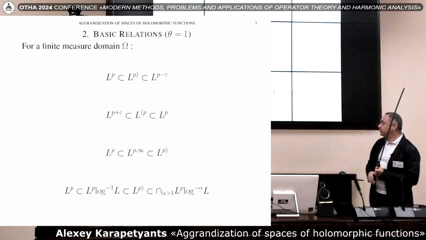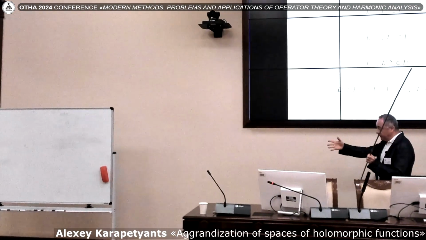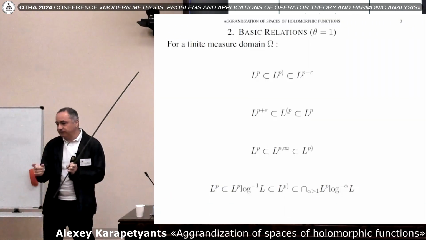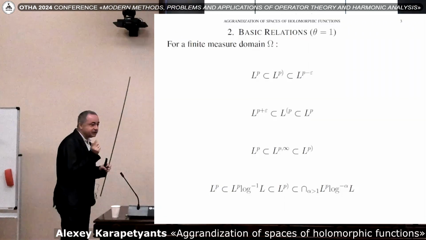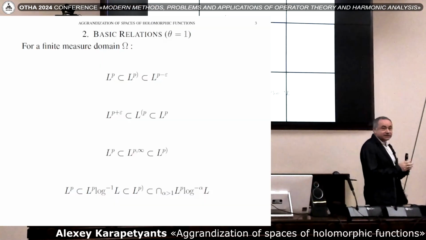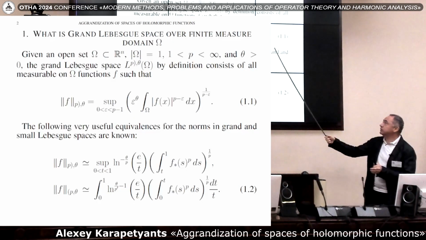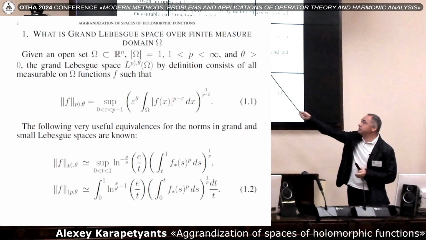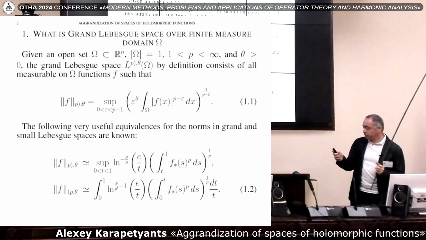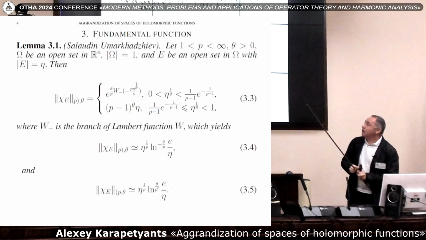So you can have an idea that still between grand space and L^p there are some other spaces. So there is a difference, there is a distance in a certain sense. But the distance is infinitesimal because you just take the supremum for all epsilon. Epsilon can be as close to 0 as you want. So you cannot actually feel the difference.